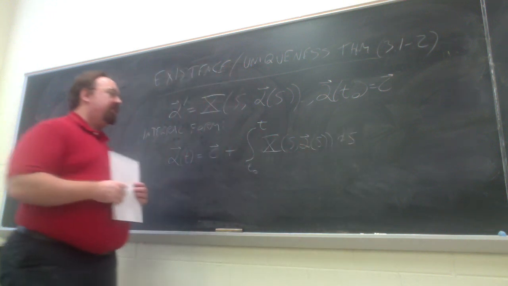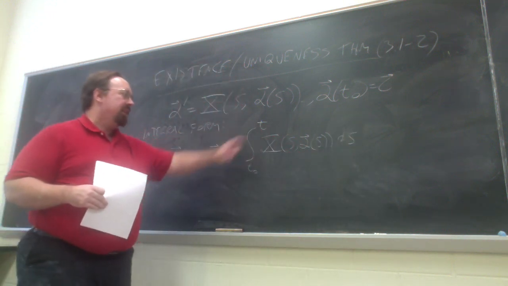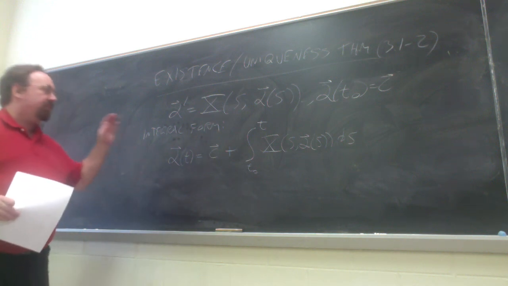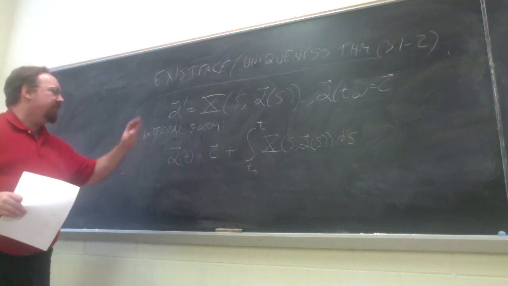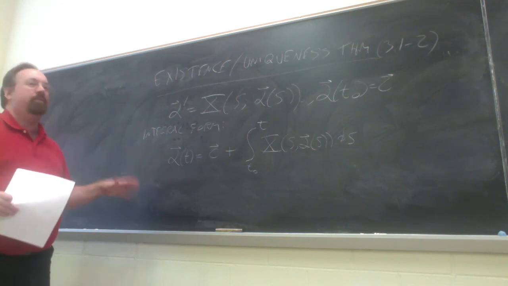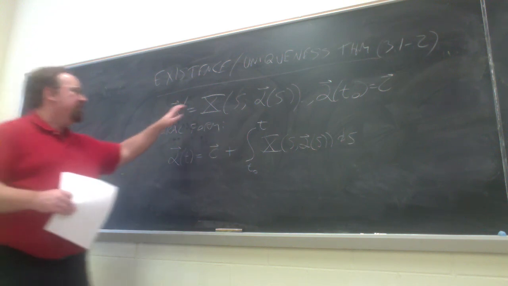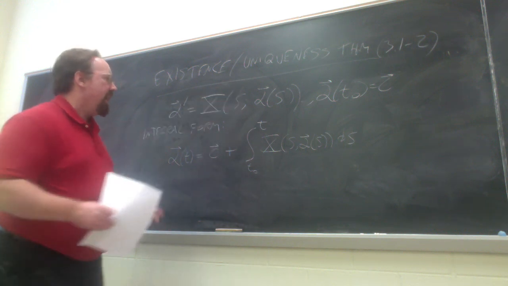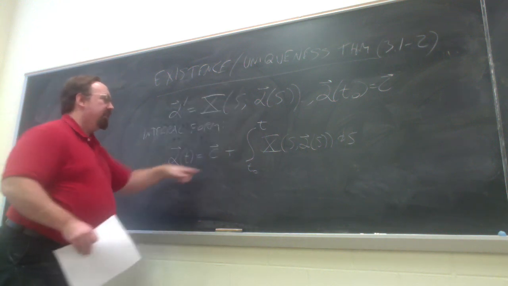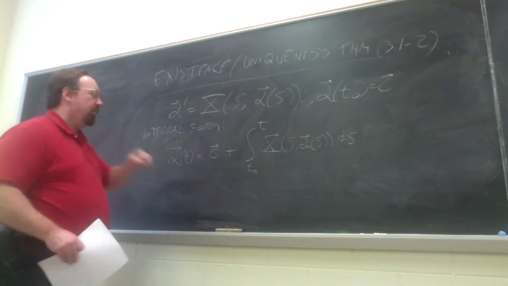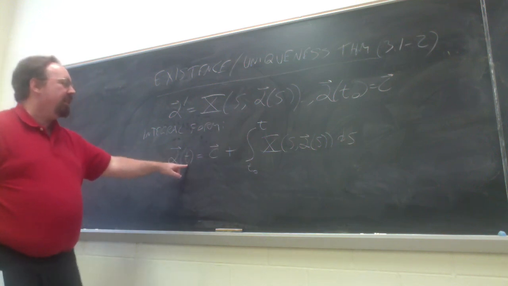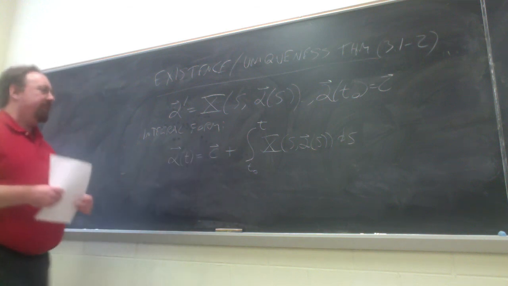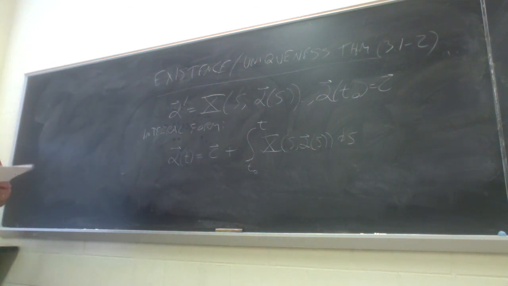So we can't do dt because t is a limit of the integral, so we just have to pick a different letter. For proving existence and uniqueness, the integral form is much more convenient because instead of having two equations specified, ODE and initial condition, everything's wrapped up into one. The initial condition is automatically accounted for because if you plug in t equal t naught, the integral is gone, and you're just left with c like you're supposed to be. So we're going to just work with this.